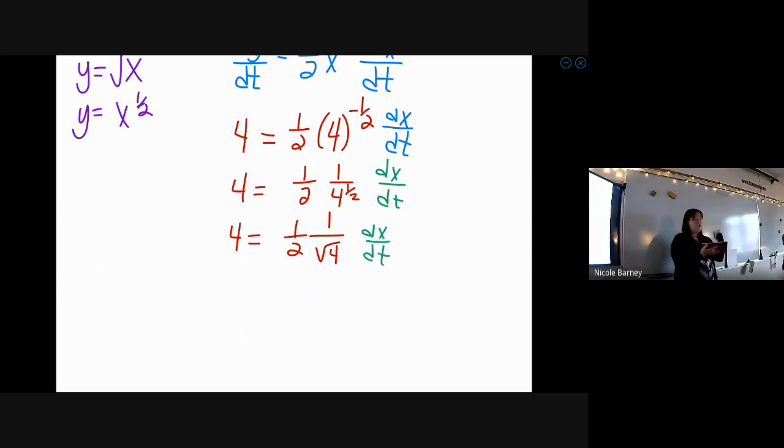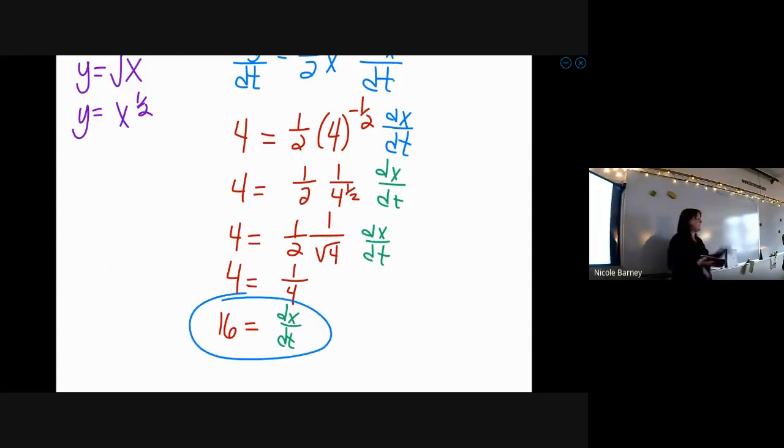You do not have to write all of this algebra, but in a stressful situation, I would suggest not trying to jump straight to an answer, because when you're stressed, your brain shuts down and you might make a mistake. So we end up with 4 equals 1/4 dx/dt, because that's 1/2 times 1/2. Then I multiply both sides by 4 and I get 16 equals dx/dt.